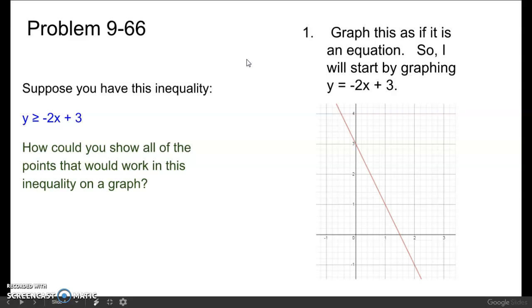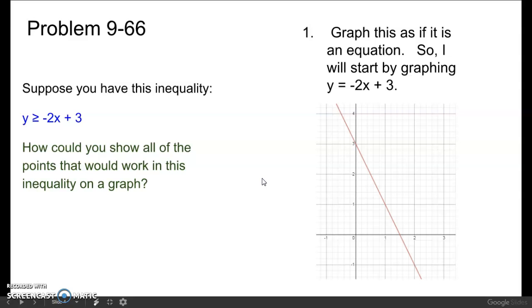All right, so what we're going to do now is we're going to take the same problem, problem 9-66, and we're going to use this one to answer this question. How could you show all of the points that would work in this inequality on a graph? And by graph in this situation, we mean a Cartesian coordinate plane, right?